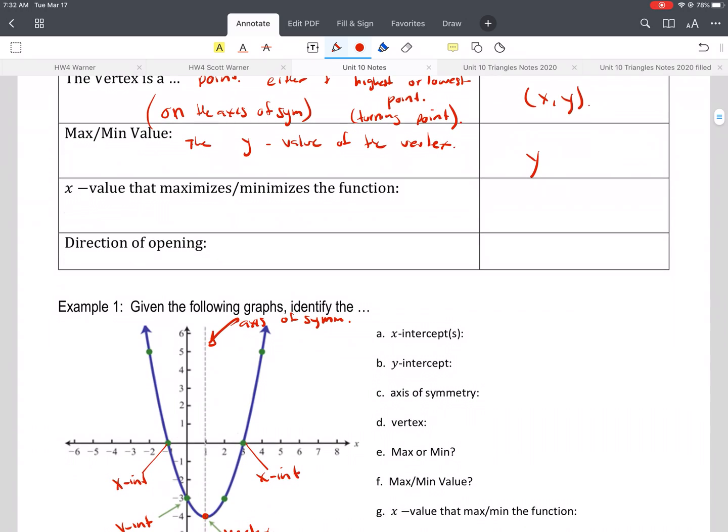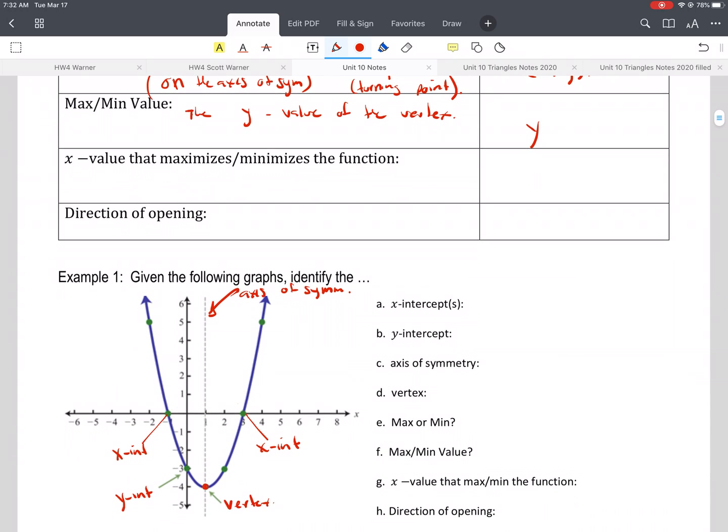The wording is a little confusing, but it's saying what is the x value that will give you the minimum. So for this example, this would be the x value at 1 that gives you the minimum, which here would be -4.